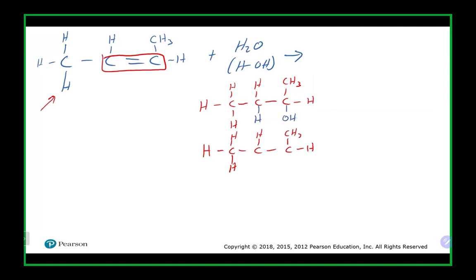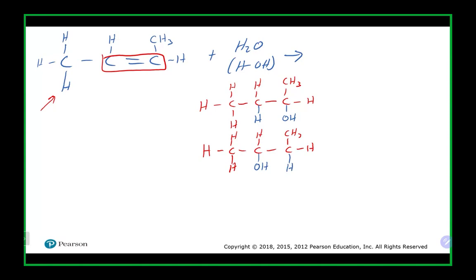Option number 2 is the opposite: I could lay my OH over here and my H over here. That actually gives me two different alcohols in this case.